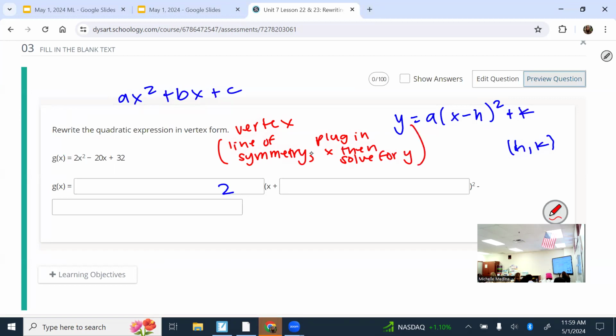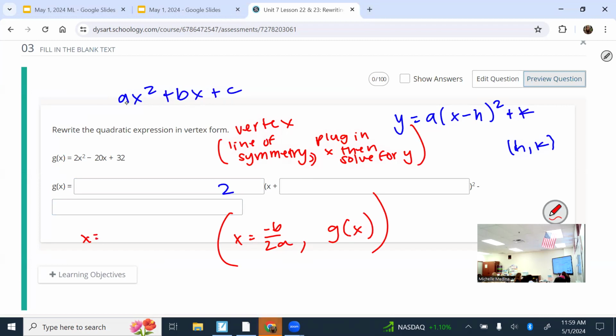All right, so line of symmetry, which has this formula, x equals negative b over 2a. So here's another way you could write it. Negative b over 2a. We're going to use that to find the x of our vertex.